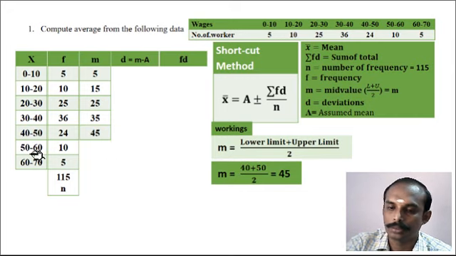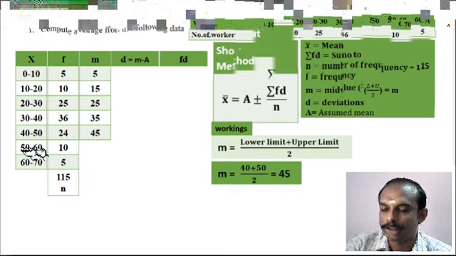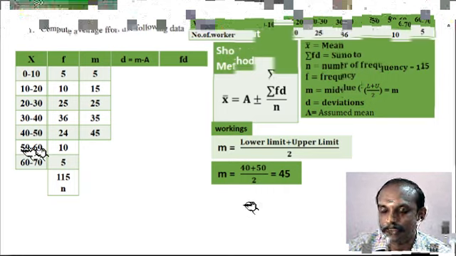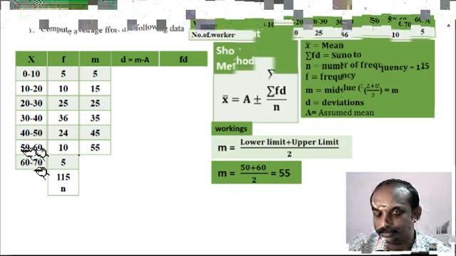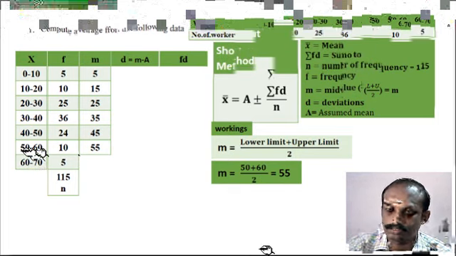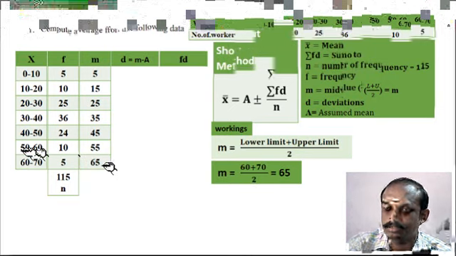For 50 to 60: 50 plus 60 divided by 2, therefore 55. And the last class interval 60 to 70: 60 plus 70 divided by 2, 65 as the midpoint.